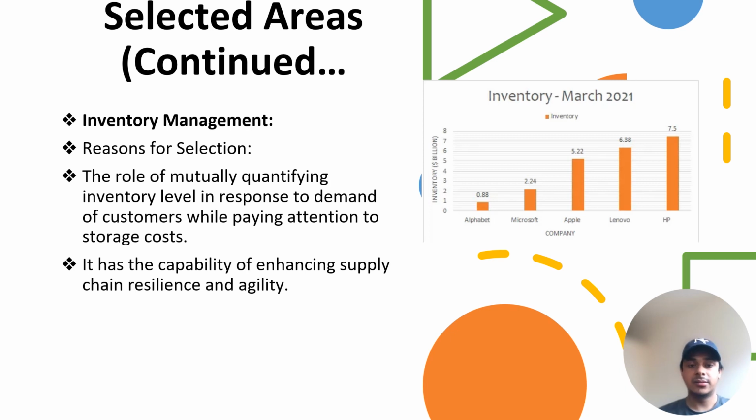Well, inventory management, reasons for selection: the role of quantifying inventory level in response to customer demand while paying attention to the store's cost. It has the capability of enhancing supply chain resilience and agility.